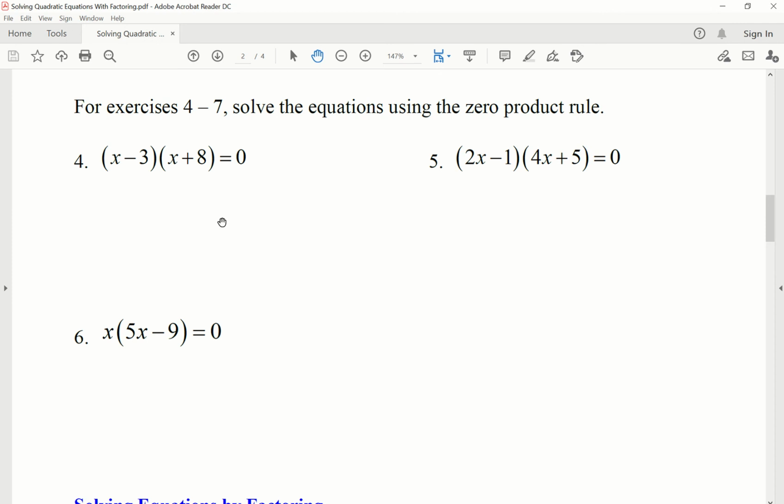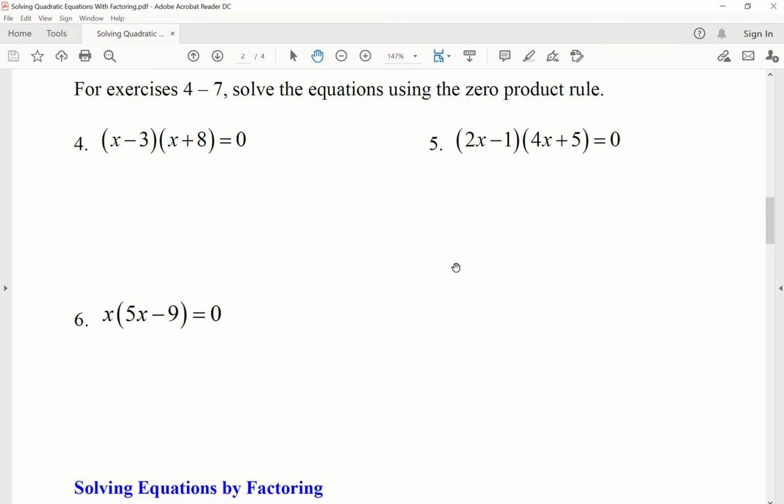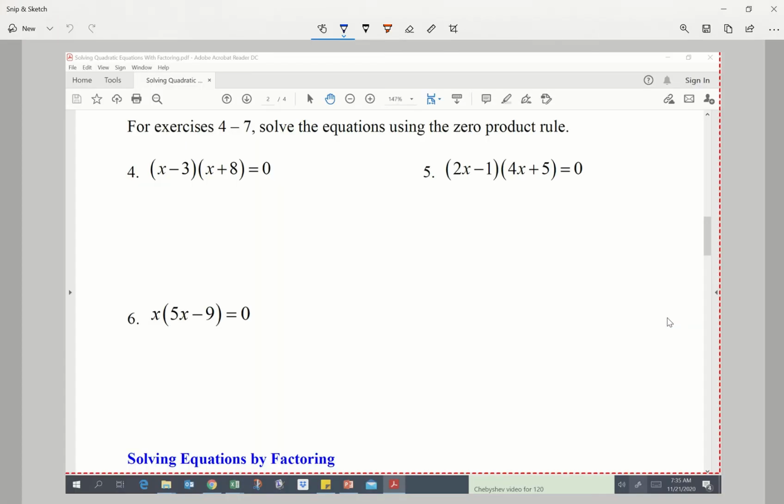Let's see what this is going to look like. Let's take a look at example 5. We are asked to solve these quadratic equations using the zero product rule. In question 5, we have 2x minus 1 times, remember that's an implied multiplication here, 4x plus 5 equals 0. This expression is in the form something times something equals 0.